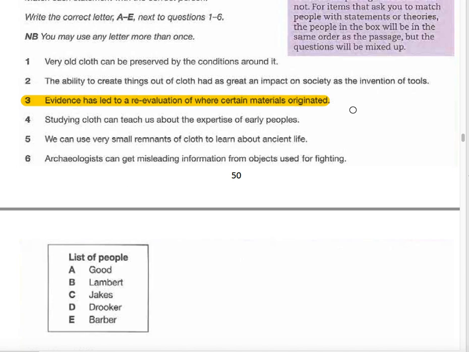Okay, so trying to find when we started to use some materials. So lots of research, and we are now thinking about it more, reevaluating. Good. 4, studying cloth can teach us about the expertise of early peoples. For sure.